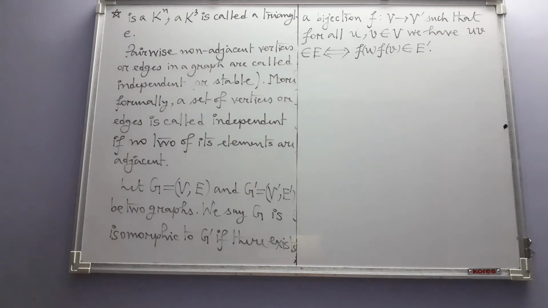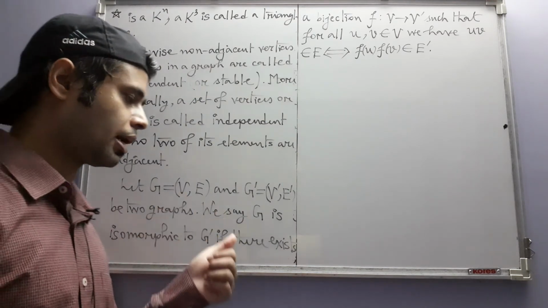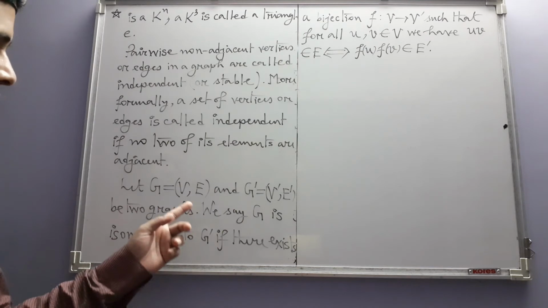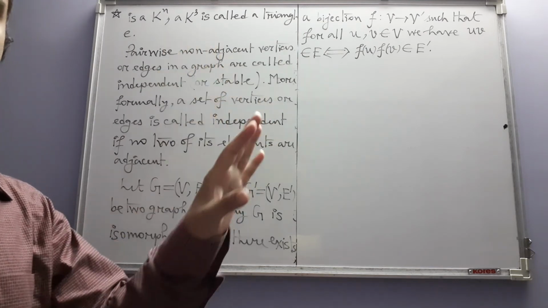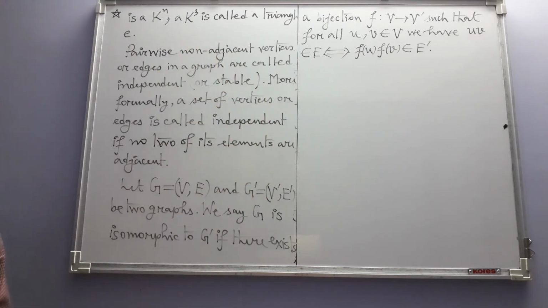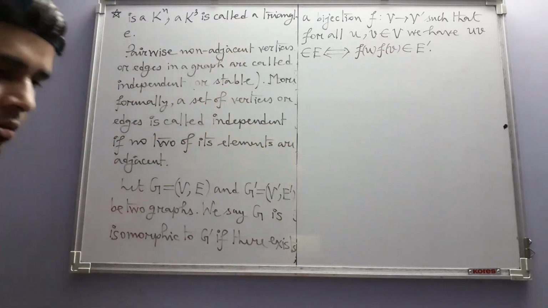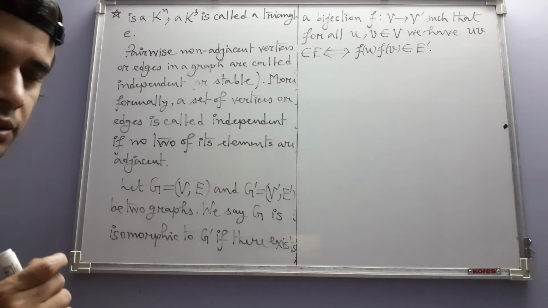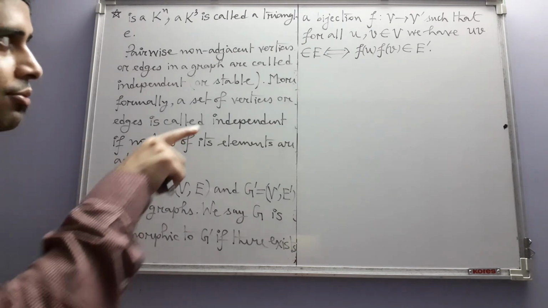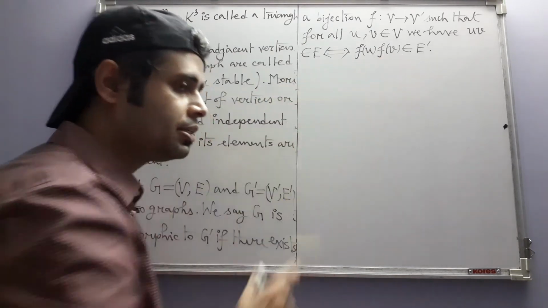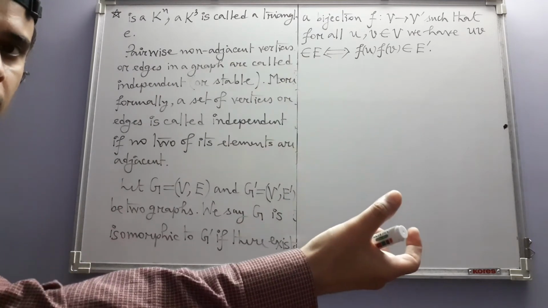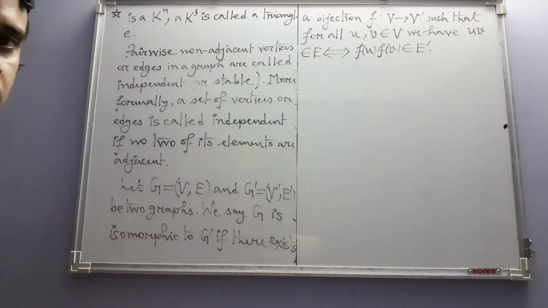What does it mean? It means that two graphs are said to be isomorphic if and only if there is a bijection between their vertex sets, such that two vertices in one graph form an edge if and only if their images in the other graph also form an edge there.